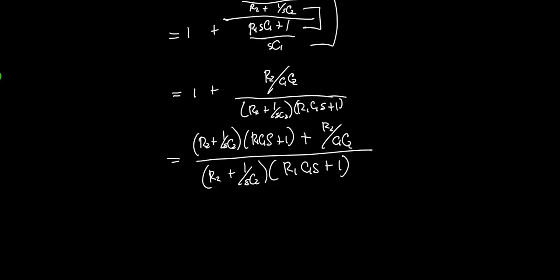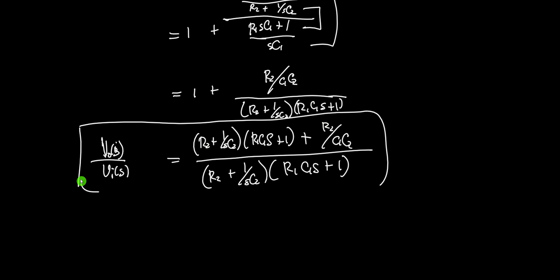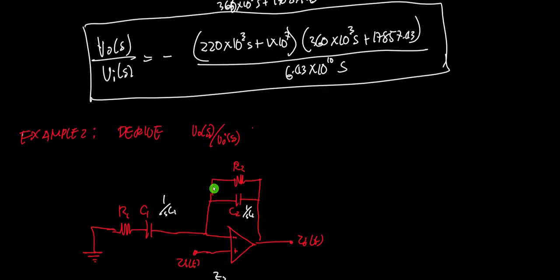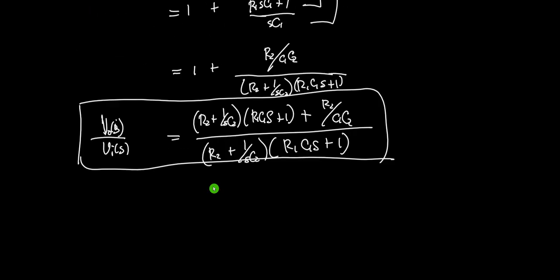And this will be our transfer function, V out over V in. You can still simplify this again if you want. You can distribute that and multiply it with that 1 over C1 C2 here, and you can make it in terms of S squared. So this is a non-inverting operational amplifier.